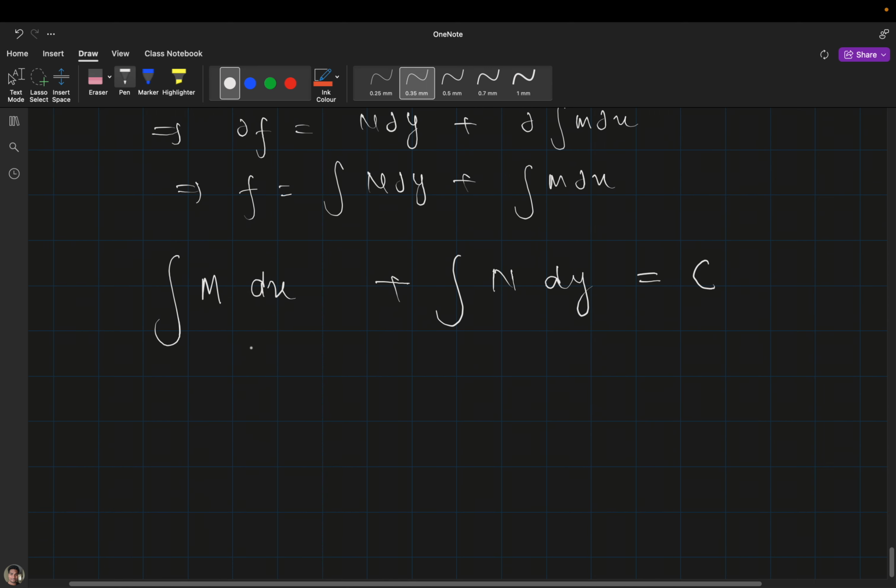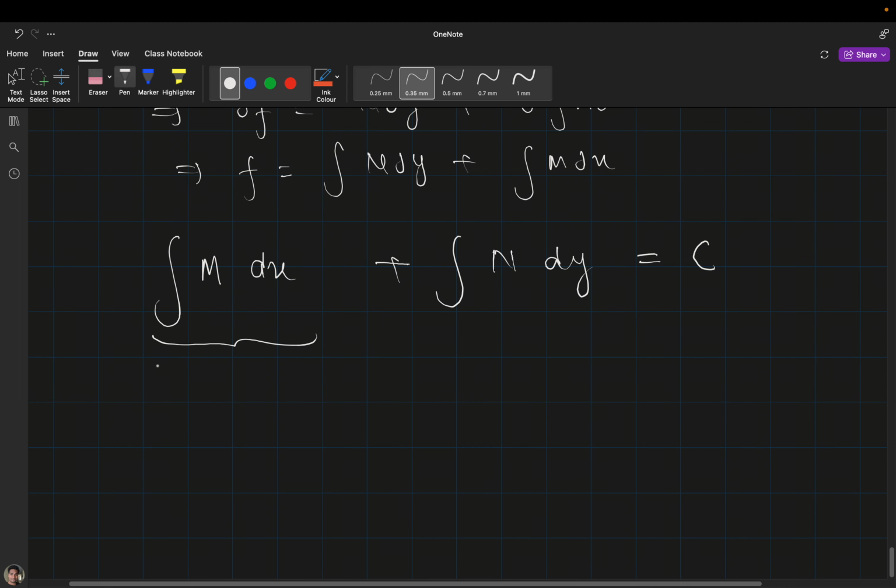But there is a condition. What is that condition? This integral must be solved with respect to x, or you can say by taking y as a constant.